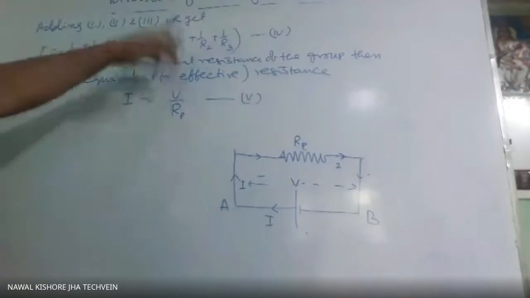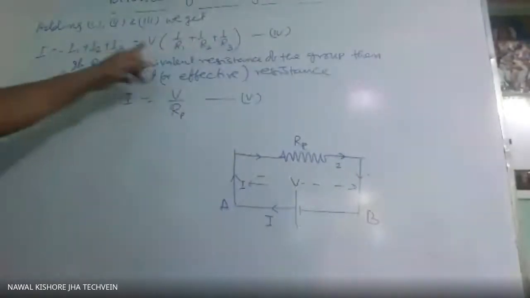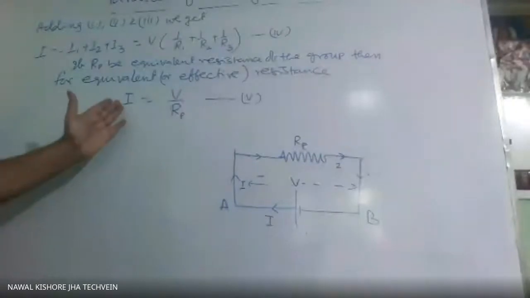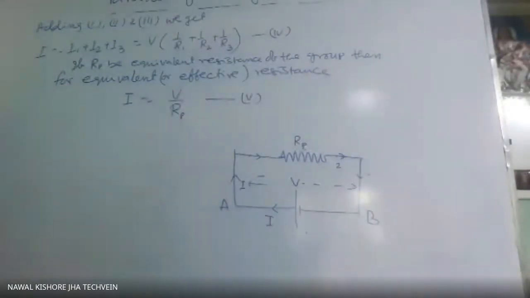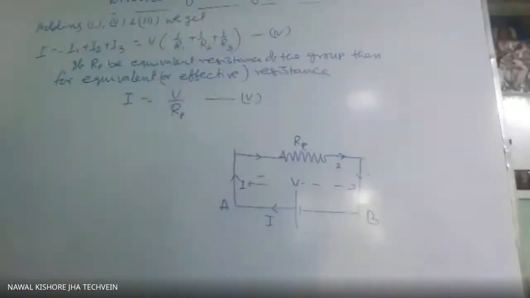So if you compare these two, this says I is equal to V times (1 by R1 plus 1 by R2 plus 1 by R3), and this says I is equal to V times 1 by RP. That means in place of this one, here 1 by RP is coming.